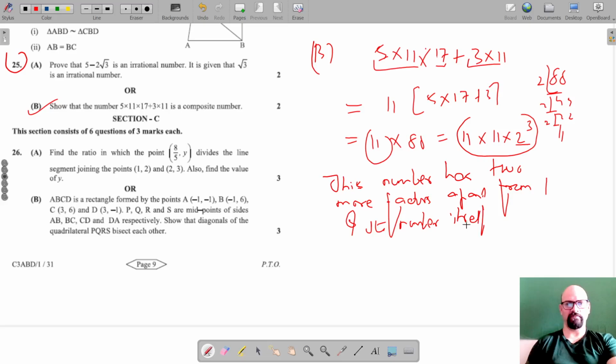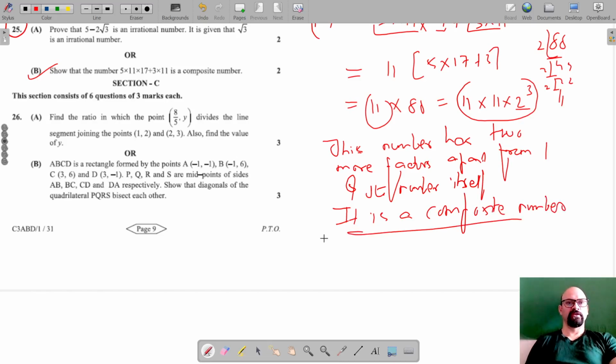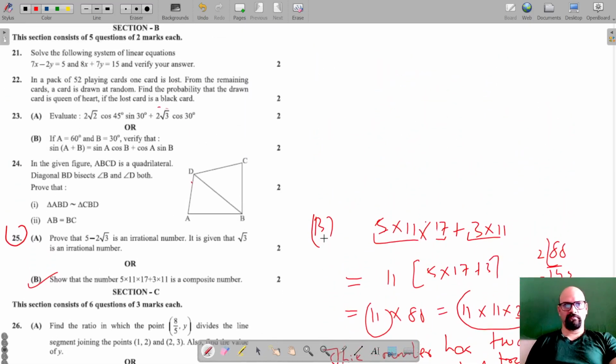And if a number has other factors apart from one and the number itself, then it is a composite number. So it is a composite number.